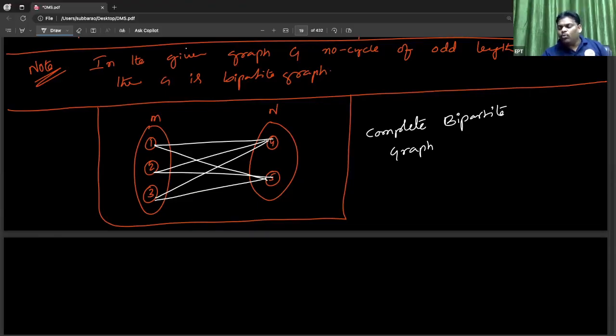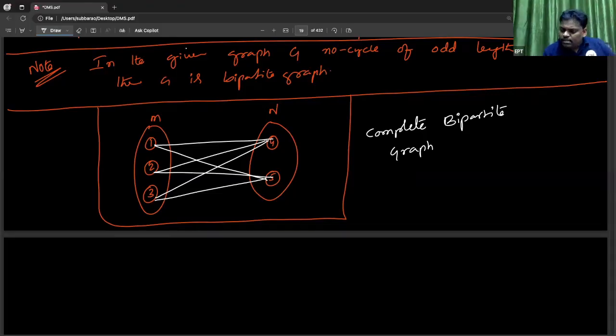Can I add one more edge in this graph so that it will still be bipartite? No, that is the reason it is a complete bipartite graph. If you add one more, the bipartite graph definition is gone. This is called a complete bipartite graph.